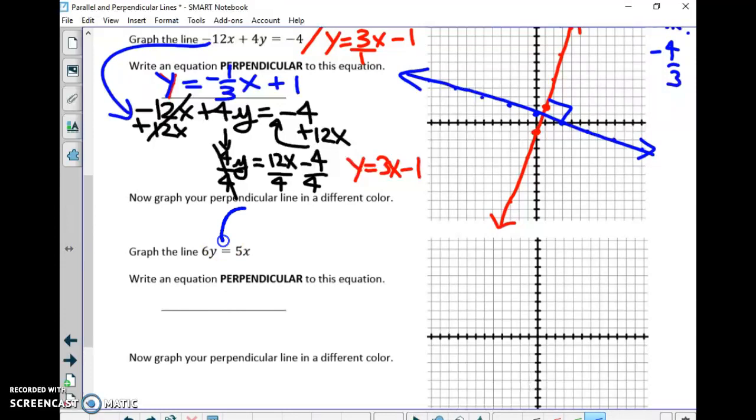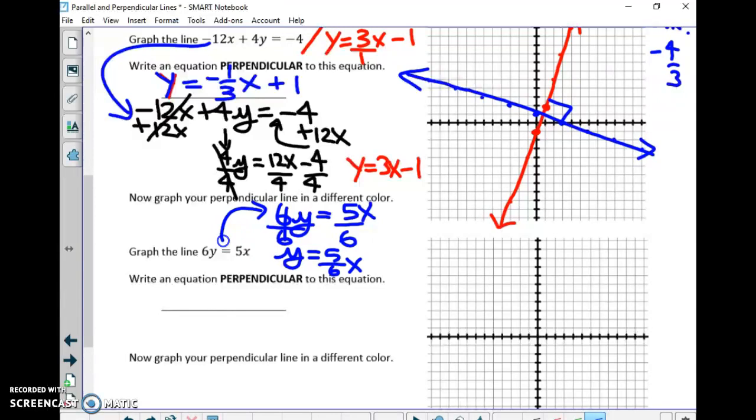Again, we need to solve this. And this is reminding me of our warm-up, number 3. The only step I need to do is to divide by that coefficient. And I get 5 over 6x. Now you might notice there is no y-intercept.